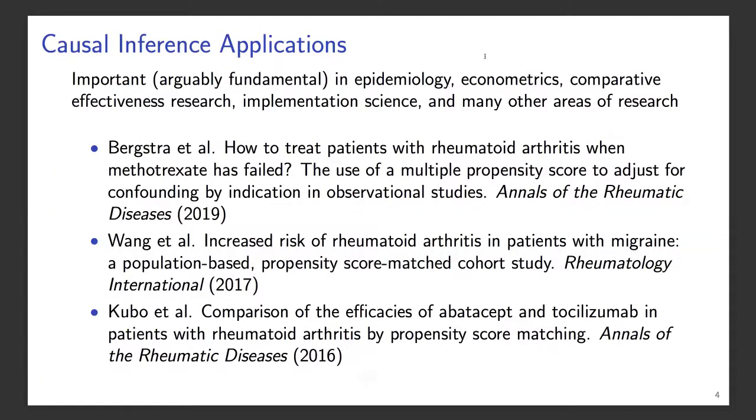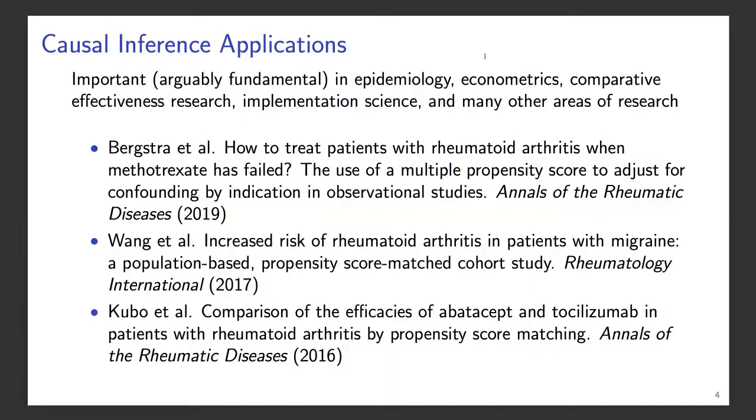So this is an area that's really gained currency in many different subject matter areas. In certain areas, it's really kind of fundamental. Epidemiology being one, epidemiology meaning the study of disease etiology or causes of disease.